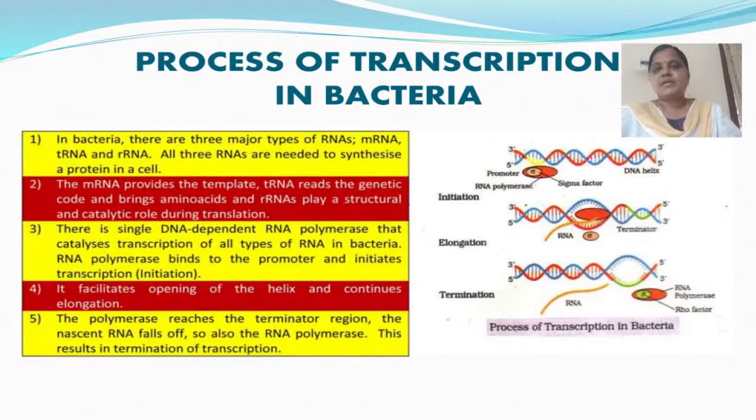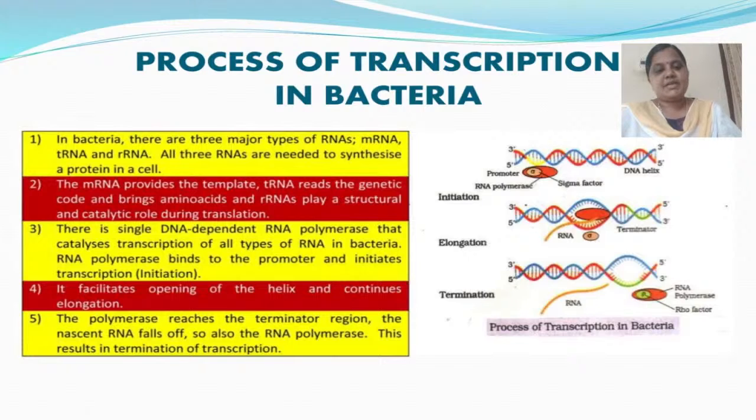In this diagram, we have a promoter and RNA polymerase. The steps are initiation, elongation, and termination. Initiation means the RNA polymerase binds to the promoter and initiates transcription.